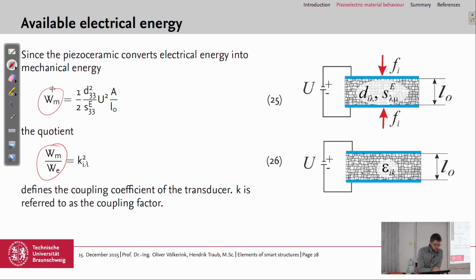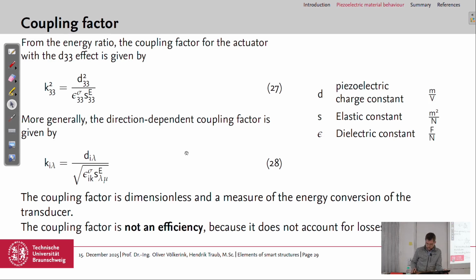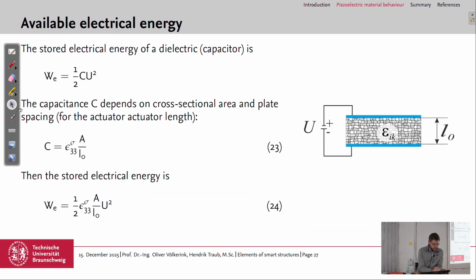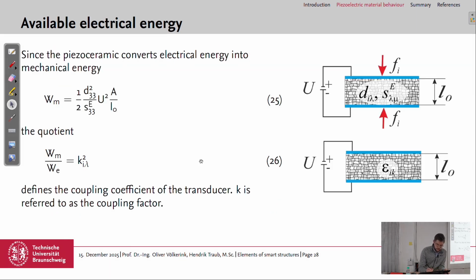Here's the definition of our stored mechanical energy again, from the slide before this, and we use the definition of the stored electrical energy. And this gives us this k squared, which is the coupling coefficient of the transducer.